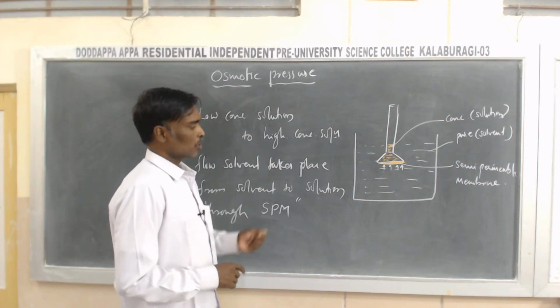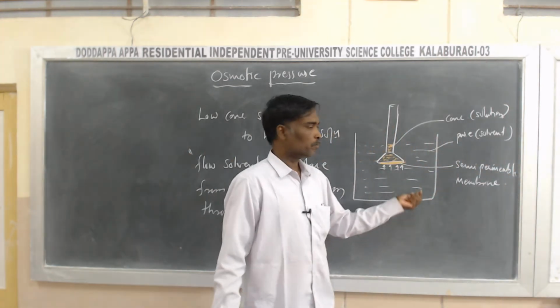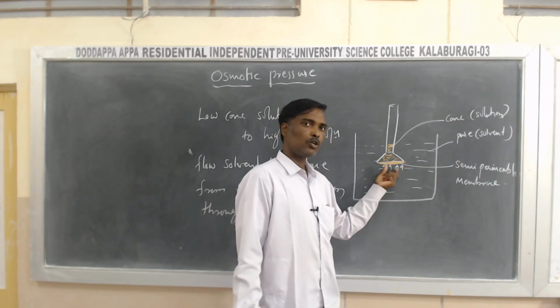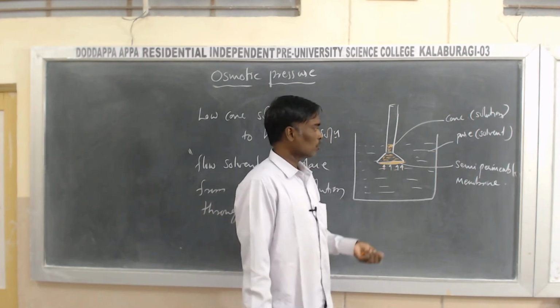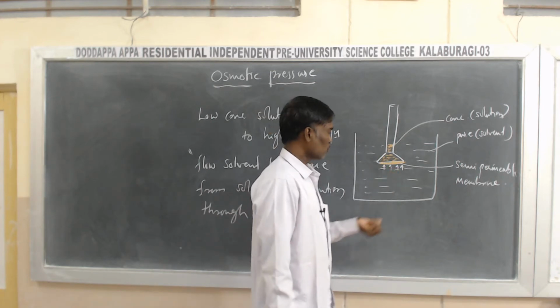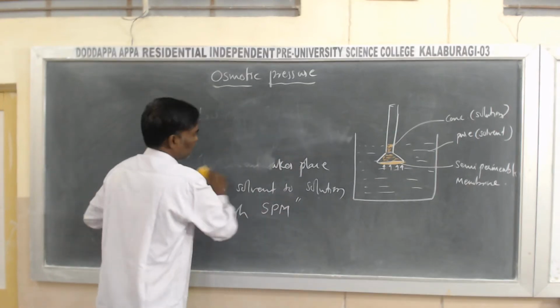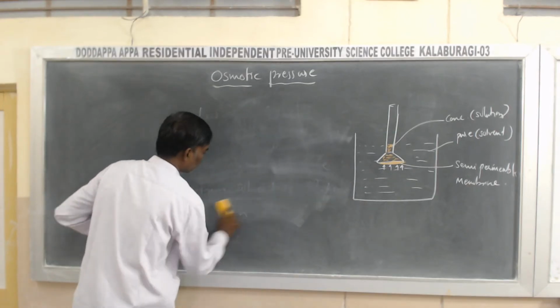So the semi-permeable membrane is very important. It allows only solvent molecules to pass through it, not the solute molecules.